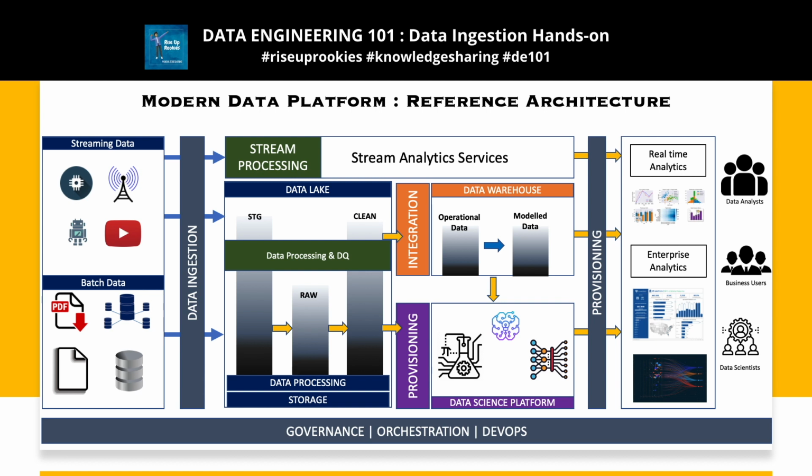And orchestration is nothing but running the jobs, the pipelines, which should start first, which should trigger next, all those orchestration and planning. And DevOps is nothing but your continuous CI/CD, continuous integration and continuous deployment framework. This will spread across all the layers. So this is a very overly simplified architecture just for an understanding purpose.